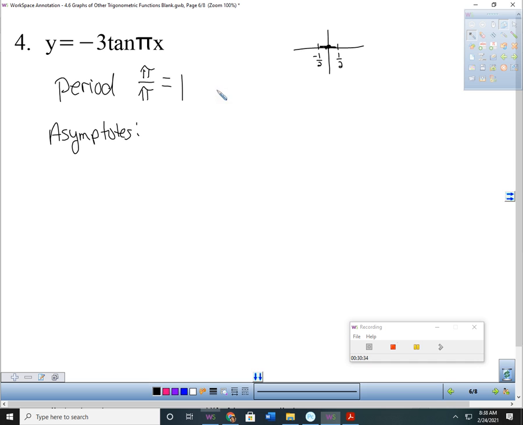So I'm going to take what I'm taking the tangent of, which is the pi x, and I'm going to set that equal to negative pi over 2. And then I also take that and set that equal to positive pi over 2. And then I just solve for x. So I'm going to divide by pi.